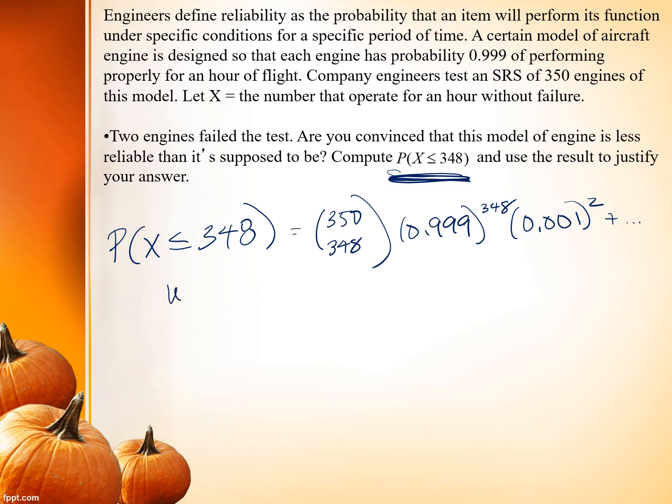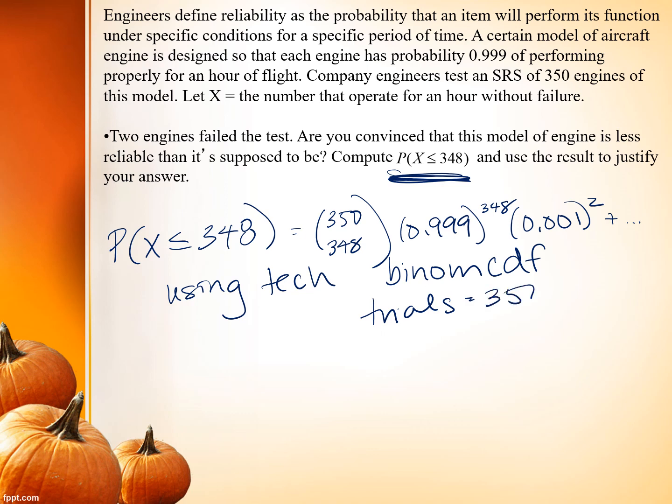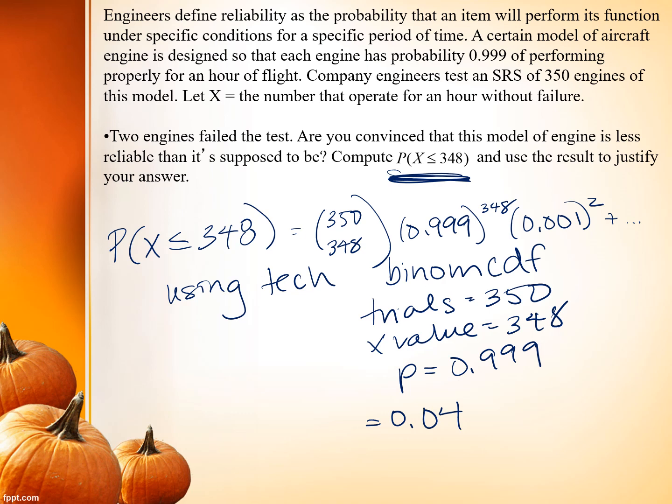And then I'm going to say using tech, I'm going to do a binomial CDF because it's a range. My trials are 350, my x value is 348, and my probability is 0.999. And when I do that, I'm going to get 0.0486. But I'll show that to you on the calculator.